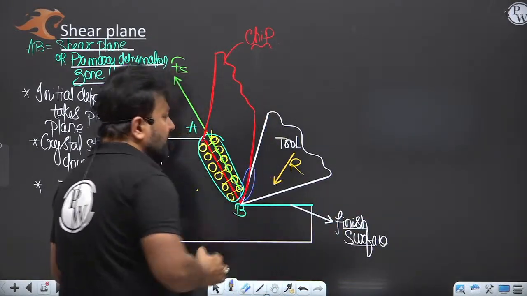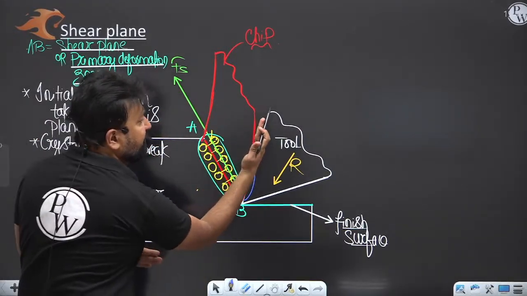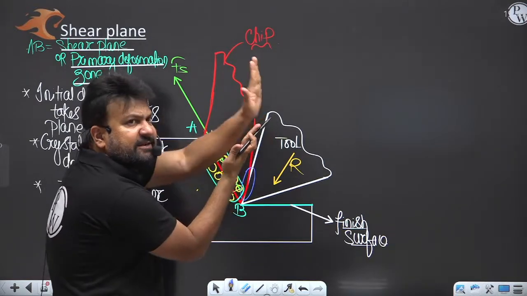So there will be a drag. Suppose this is the face of the tool on which the chip is moving.